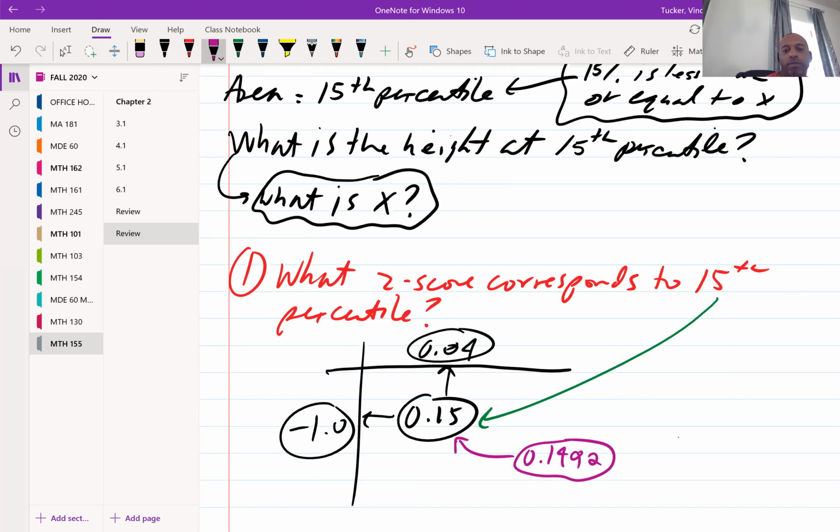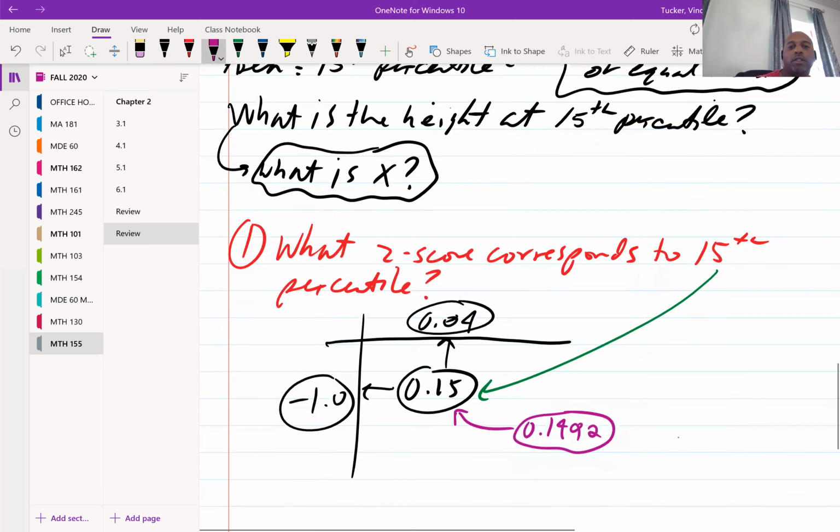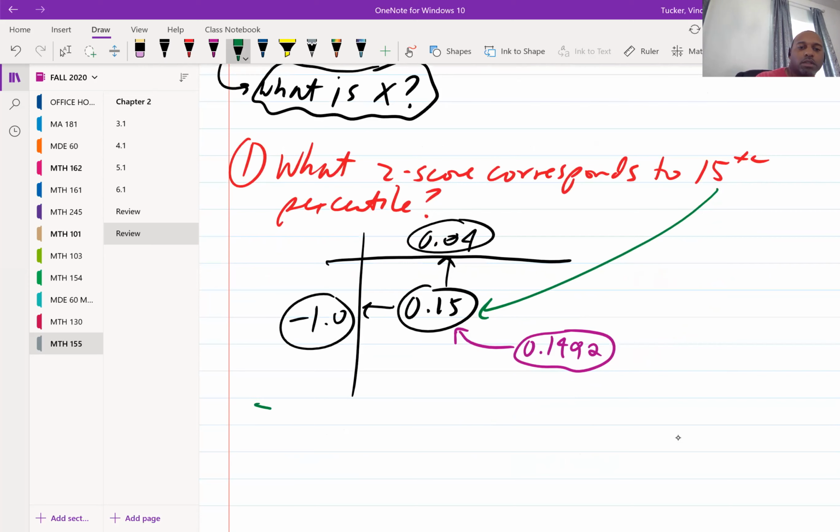So that was the value we found in the chart, that 0.1492. All right, so our z-score that we're going to use is negative 1.04. So before we move on to this first step, is everybody okay with that?